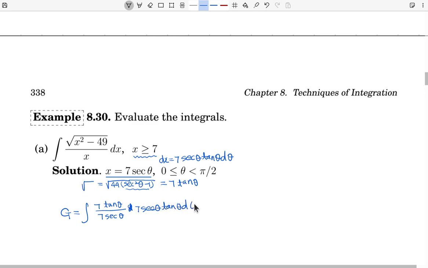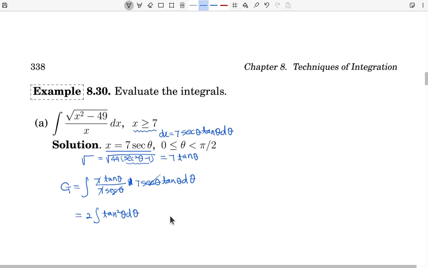The sec cancels out, so that we have 7 times the integral of tangent squared theta d theta, right?